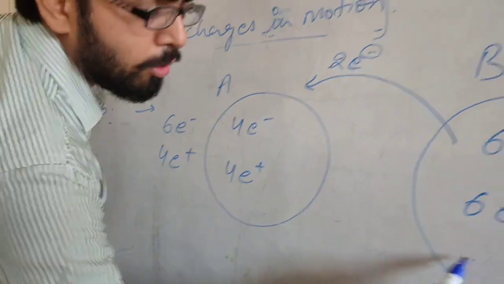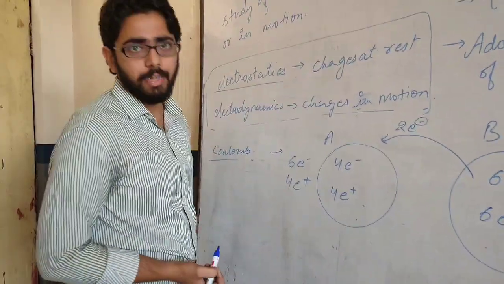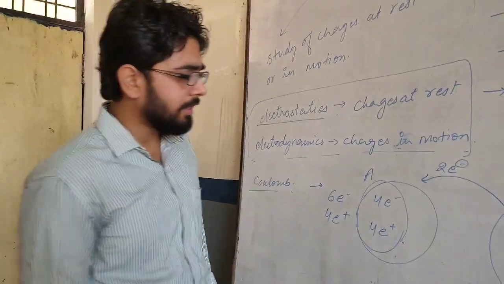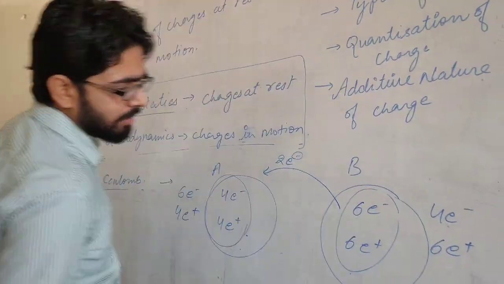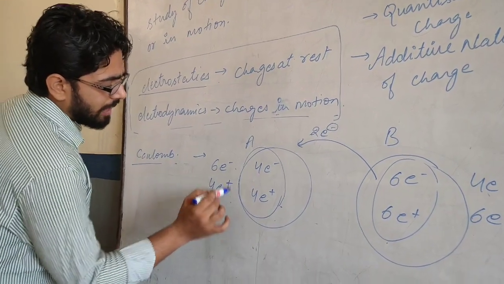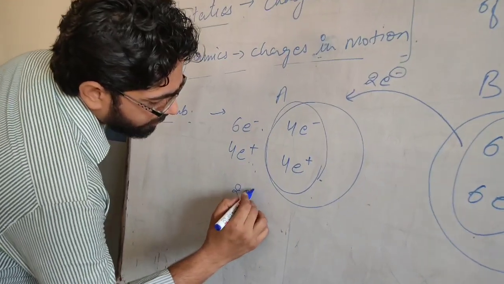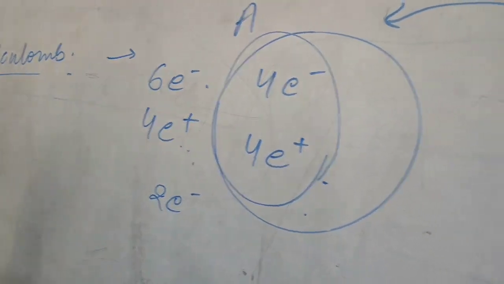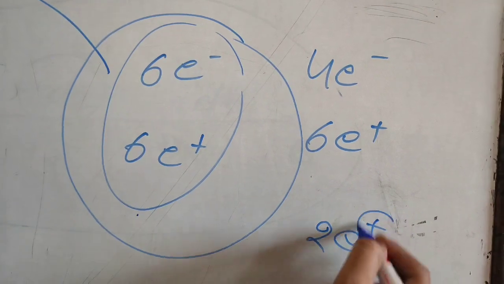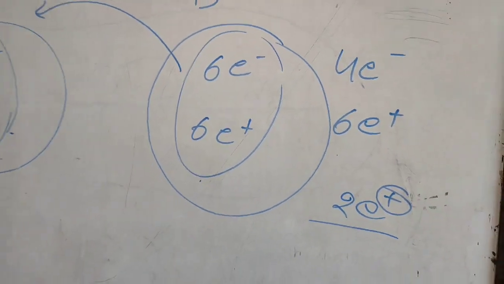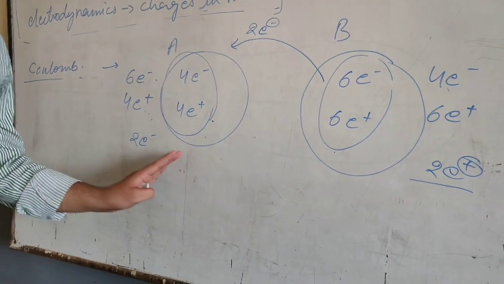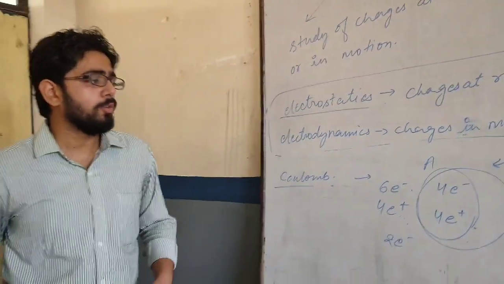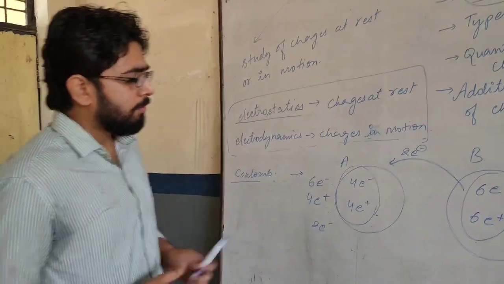Initially, both objects were in a neutral state because the 4 and 4 neutralize each other, and here also the same. But now if we neutralize these, then 2 protons are in excess here, and similarly 2 electrons are in excess there, giving respectively positive charge to one and negative charge to the other. I think you got how charge comes into play.